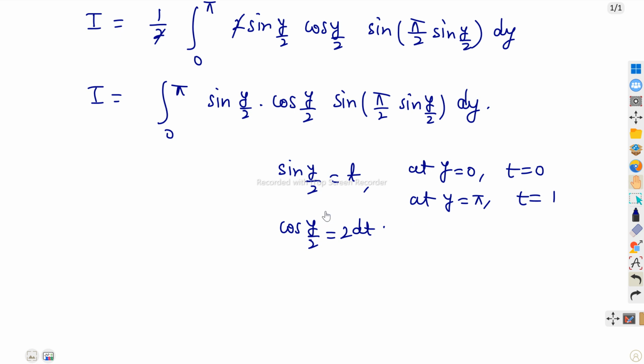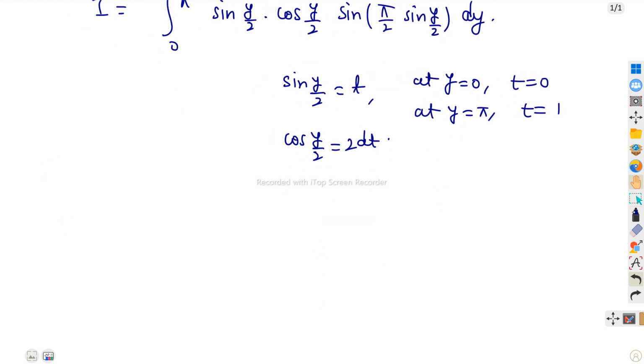So the above integral can be written as I equals integral from 0 to 1 of t times 2t times sine(pi upon 2 t) dt.